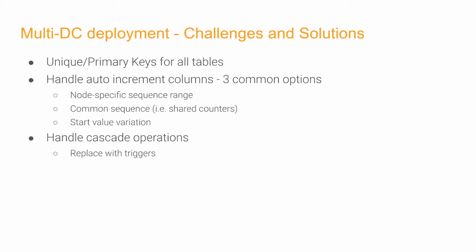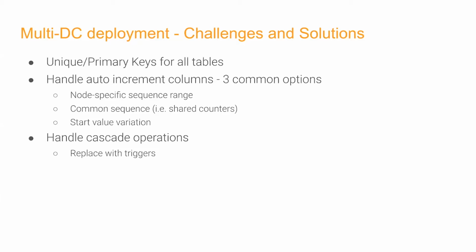Another one is the start value variation. That means we assign a starting value for each of these data centers. For example, if we have 3 data centers, we assign 1 for the first one, 2 for the second one, and 3 for the third one. And all 3 data centers increment their values by 3.